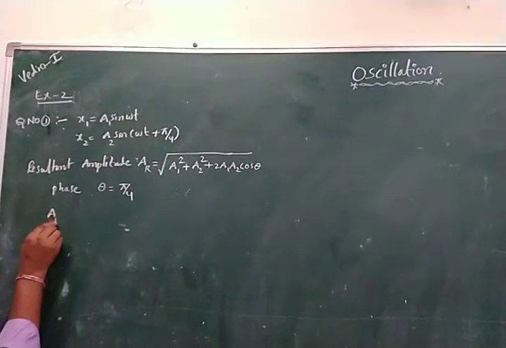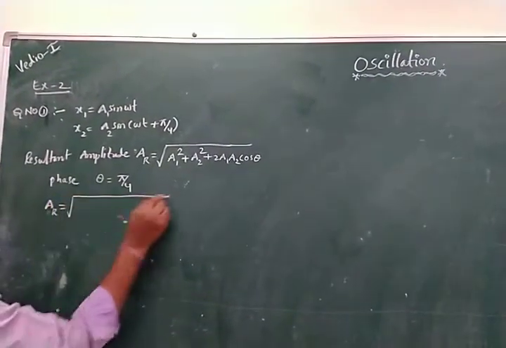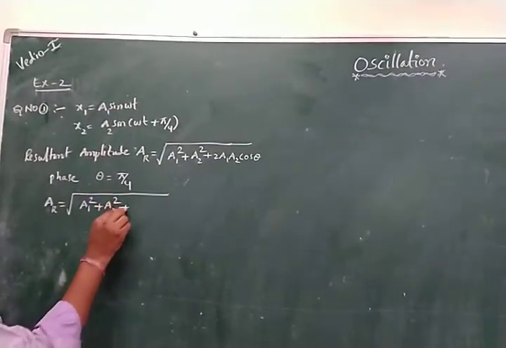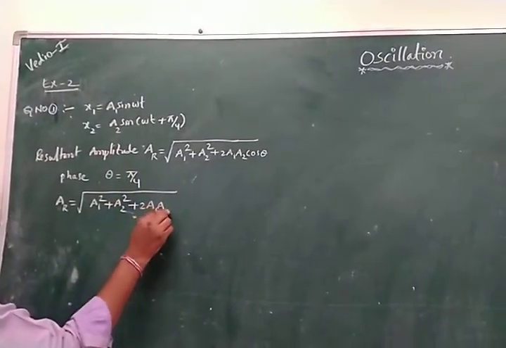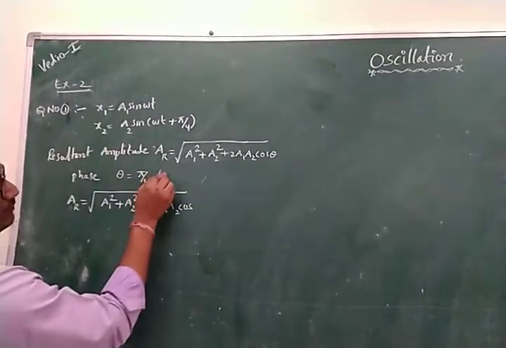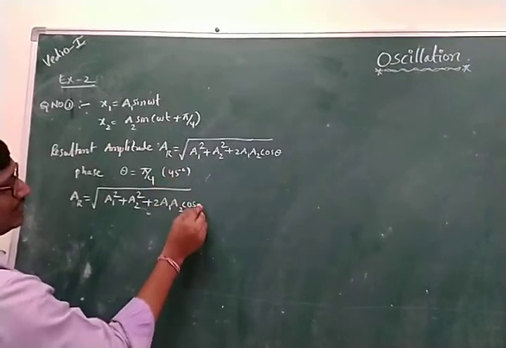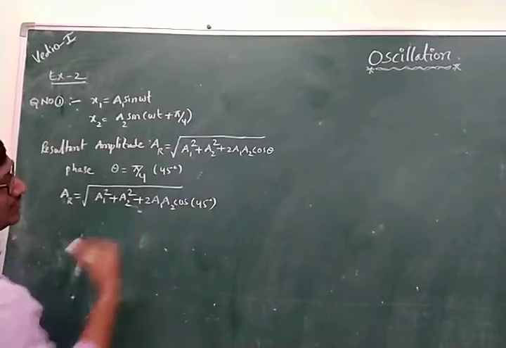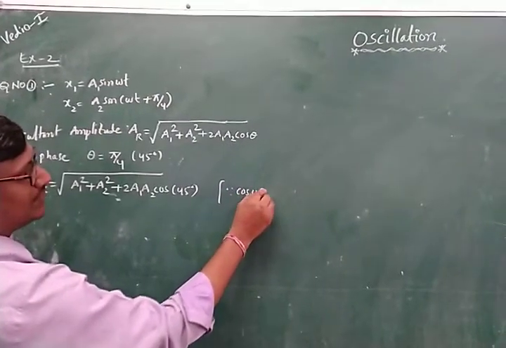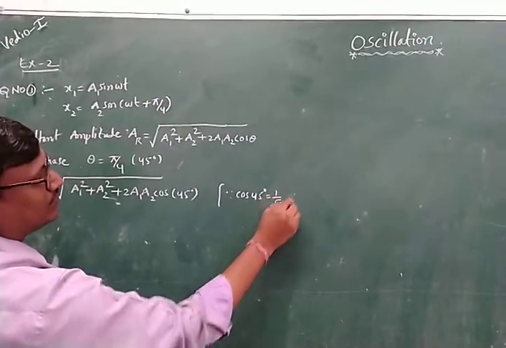The resultant amplitude A_R is equal to under root of A1 square plus A2 square plus 2 A1 A2 cos of pi by 4. Pi by 4 is nothing but 45 degrees. Now cos 45 degrees is equal to 1 by root 2.